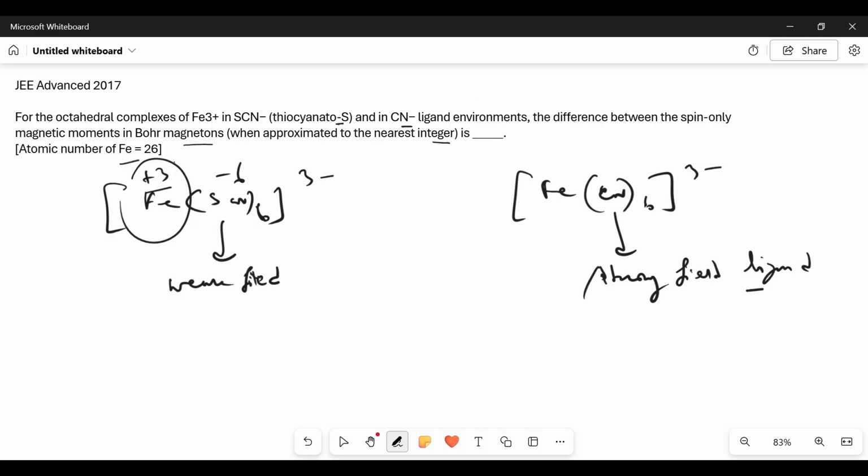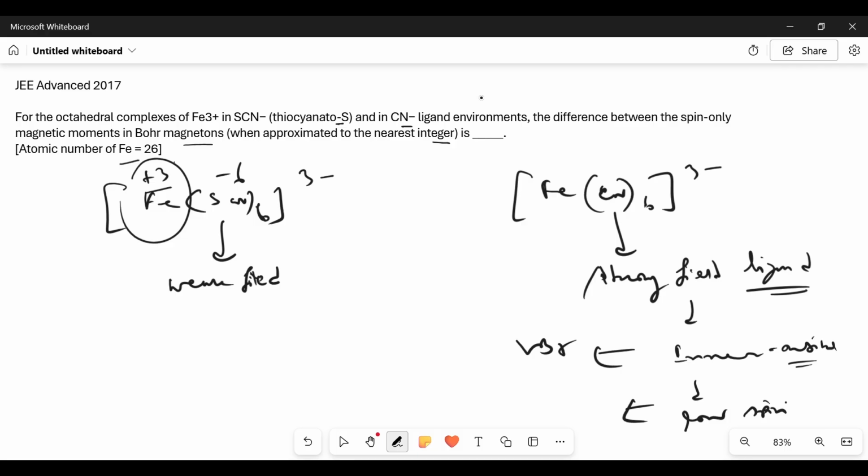So a strong field ligand will obviously form an inner orbital complex in VBT, and a low spin complex in CFT. Now this one is weak field, so it will form an outer d orbital complex, and high spin.